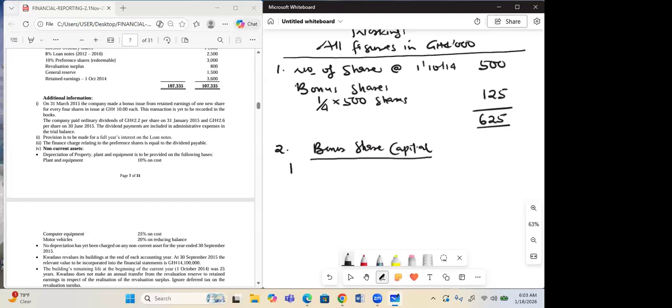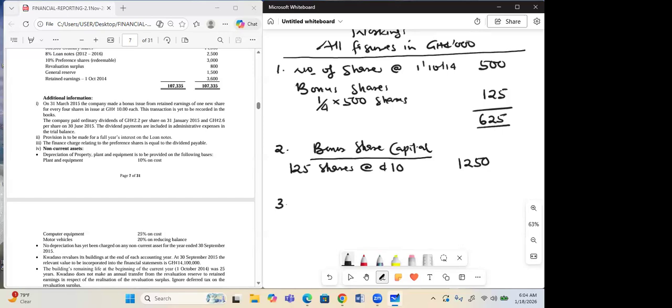So we have 125 shares, and they were issued at 10 cedis. So that will give you 1250, right? Yes, please. So when we go to the statement of changes in equity, under retained earnings, we'll transfer 1250 from the retained earnings and then add it to share capital. Is that clear? Yes, sir. Good. Go on.